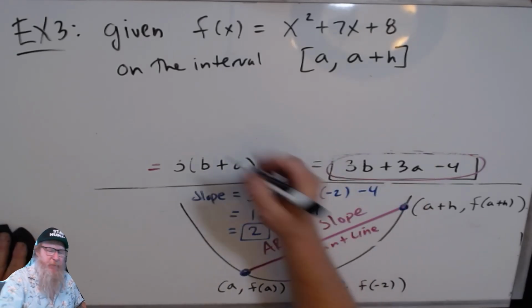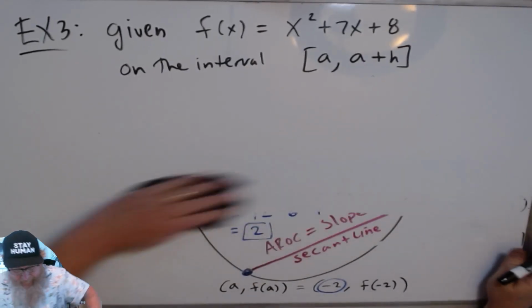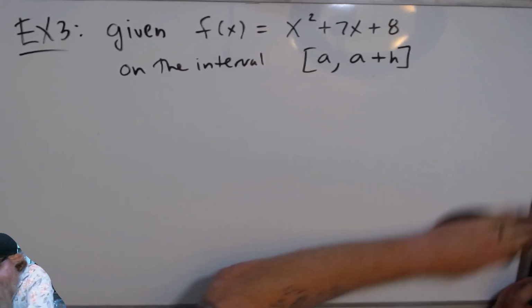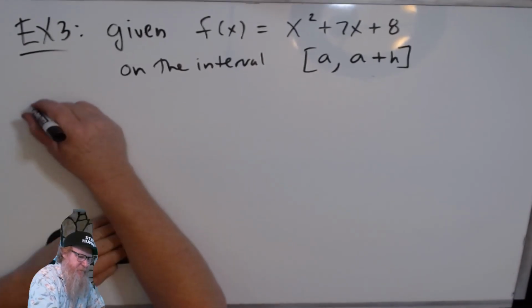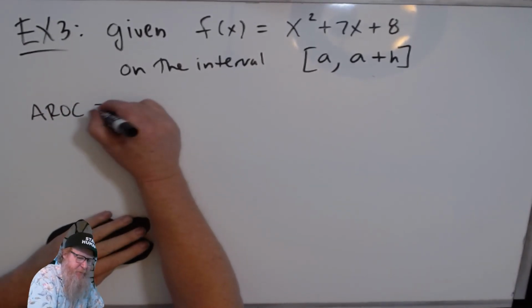Now this one can be a little bit messy, so let's do everything very clean, or as detailed, or as clean, I guess, as I can keep it on this board.